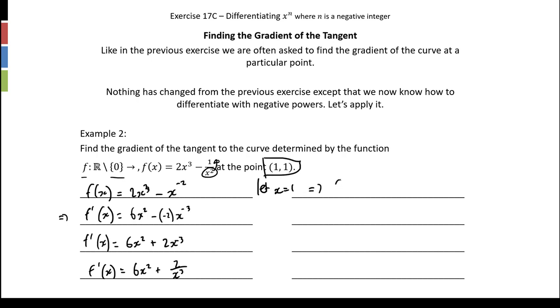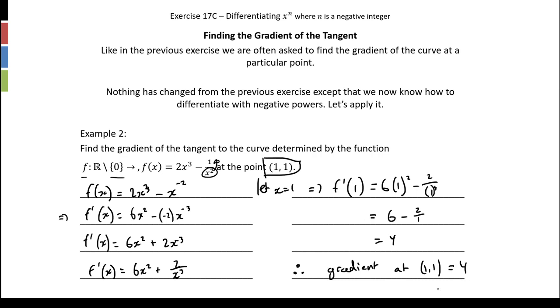It follows that f dash of 1 is equal to 6 by 1 squared plus 2 on 1 cubed, which is equal to 6 plus 2 on 1, which is equal to 8. Therefore, the gradient at 1, 1 is equal to 8.